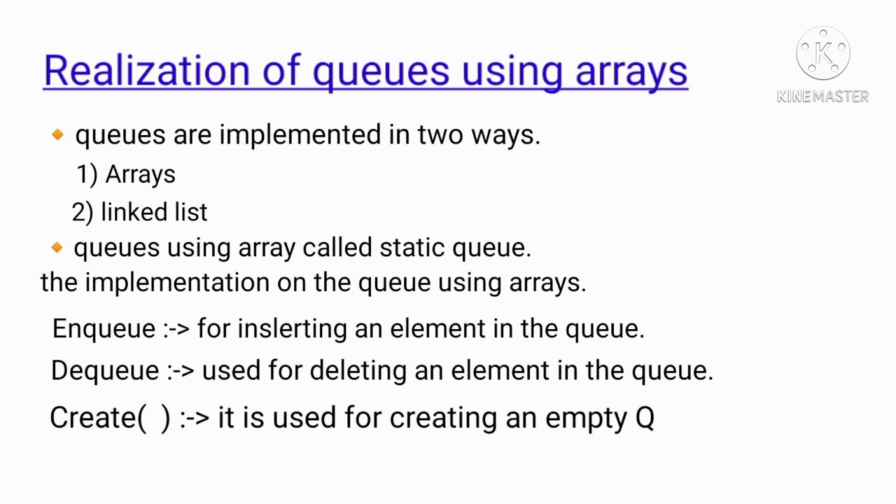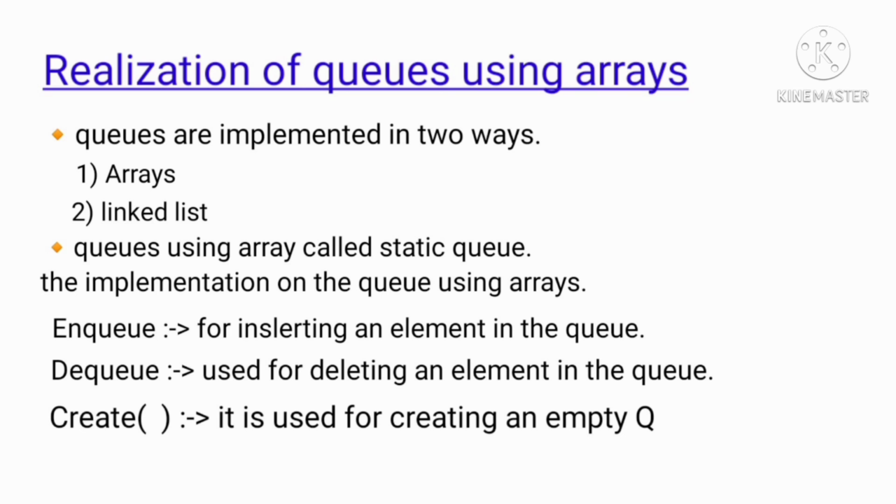Realization of queue using arrays. Queues are implemented in two ways. First is array and next linked list. Queues using array are called static queue. The implementation of the queue using array. Enqueue means for inserting an element in the queue.